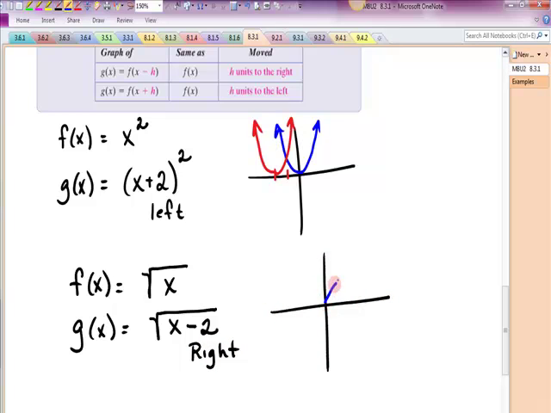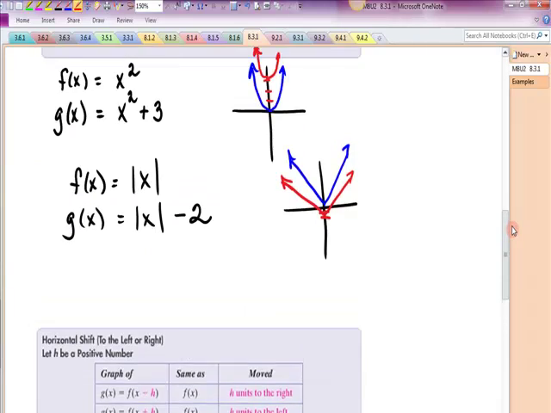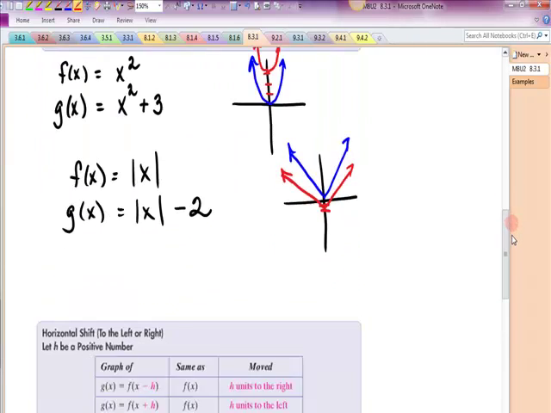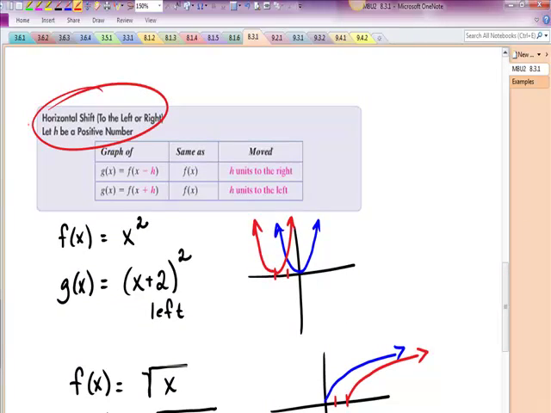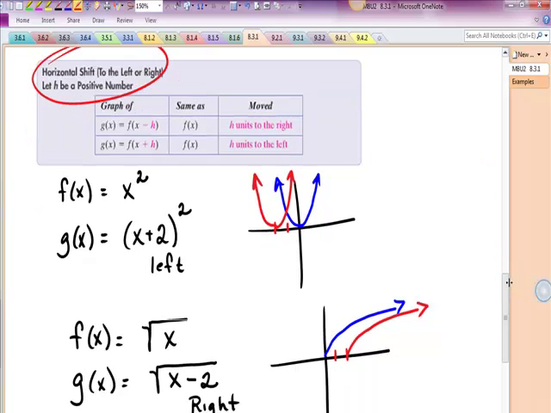So here's what the f function looks like. It's that branch. If you subtract 2 from x and then take the square root, it's going to shift 2 units to the right. It's going to look the same, but it's going to be to the right. So we have up and down shifts, vertical. We have left and right shifts, which are horizontal.